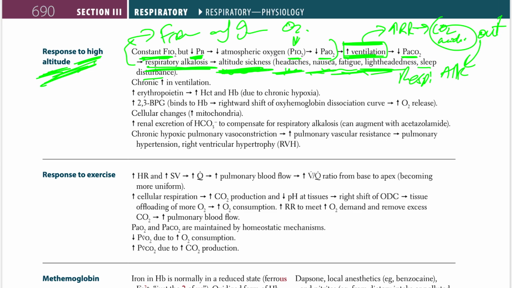But chronically, high altitude would also cause an increase in ventilation, same as acutely. So what's going to happen chronically? You will have an increase in erythropoietin, EPO, and that would increase your hematocrit and hemoglobin due to chronic hypoxia. And there would be an increase in 2,3-BPG. So just remember these factors.